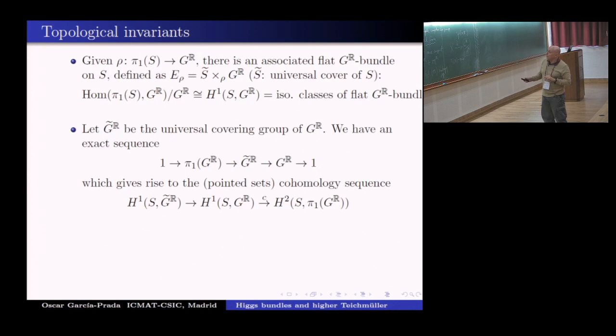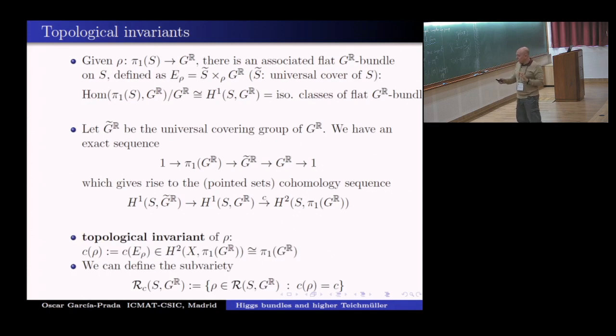So the topological invariant that you associate to a flat GR bundle, GR being connected, is an element in the fundamental group of GR. If we were working with GL(n,C), this is the first Chern class that you're associating.